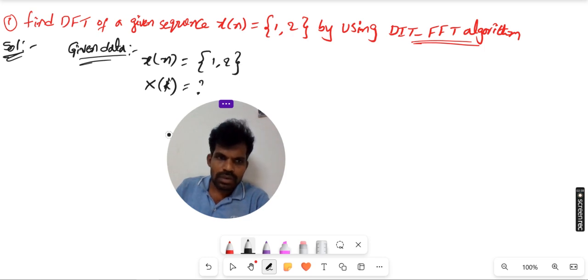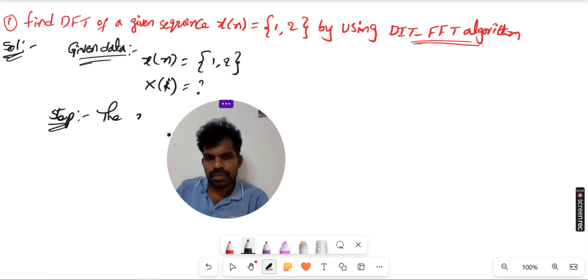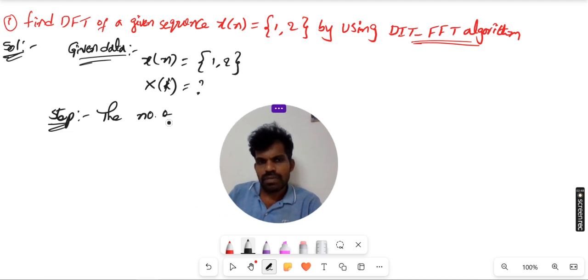Step 1. What is that step 1? The number of input samples.